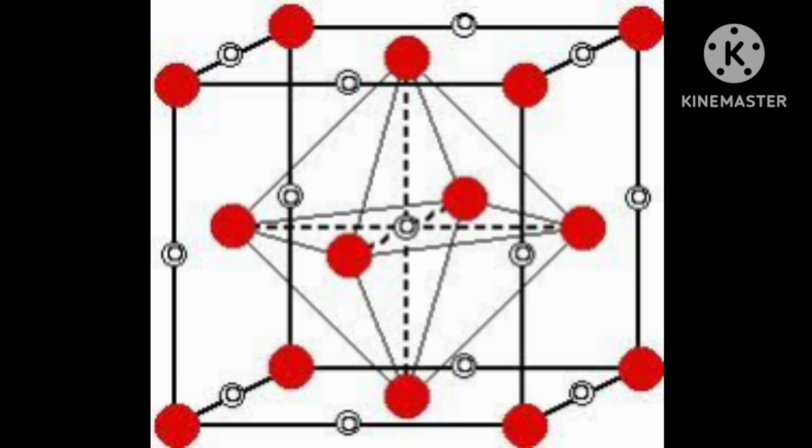Means a cube has total 6 faces, so 6 atoms will be there, one in the center of each face.